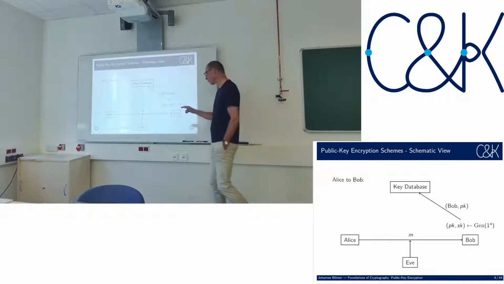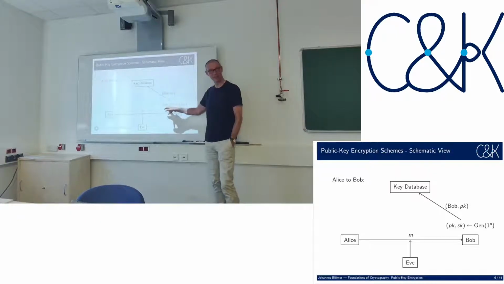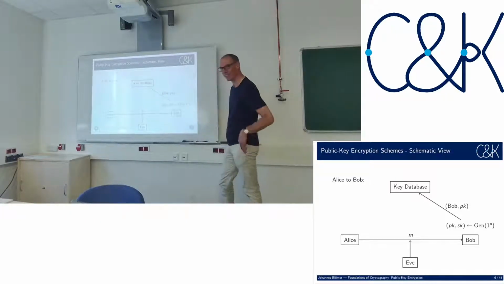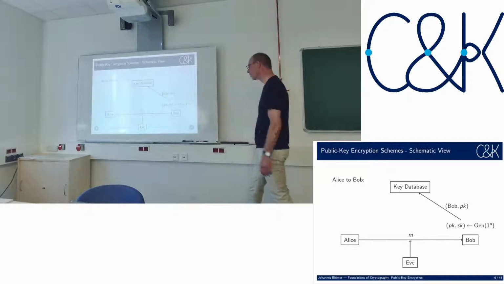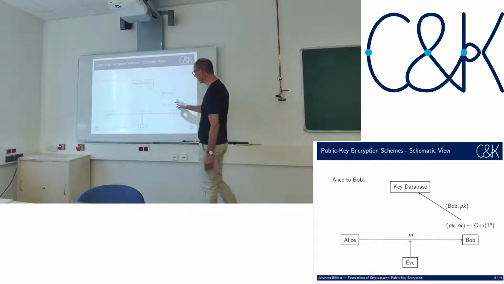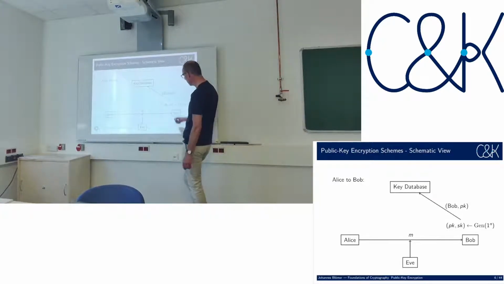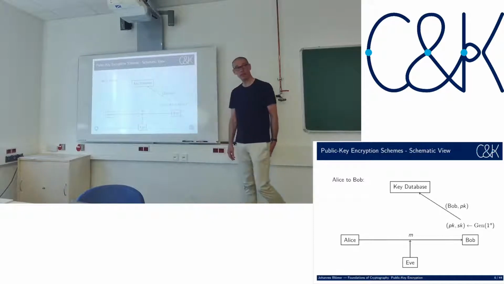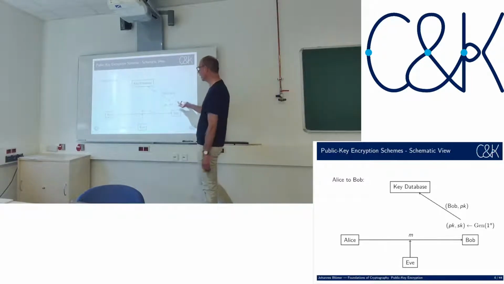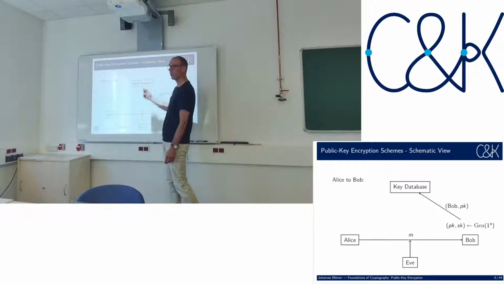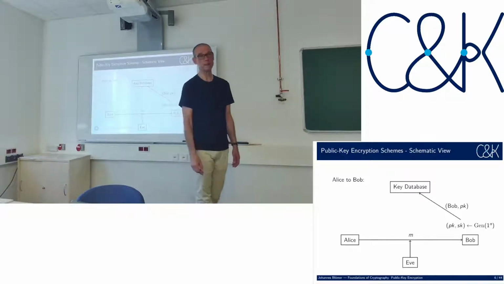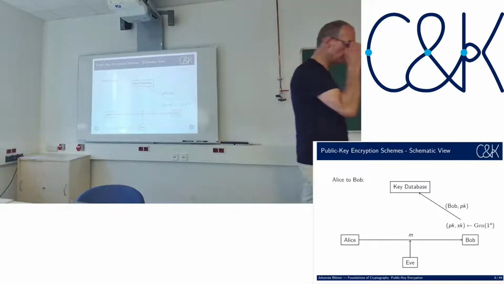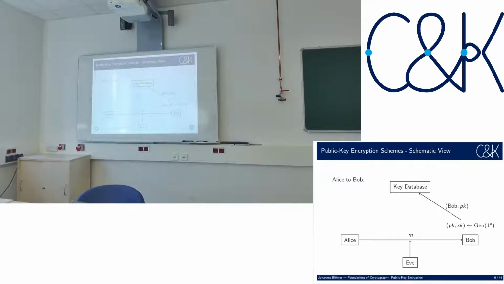But SK is always a secret key or private key, and PK is always a public key, so it shouldn't be confusing. So he generates such a key pair, keeps the secret key to himself, but publishes the public key under his name in a so-called key database. So that's as in the signature setting.